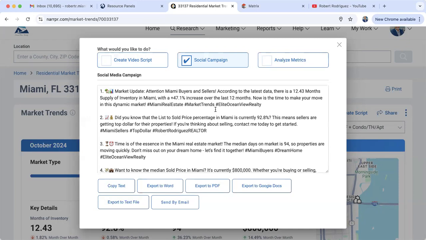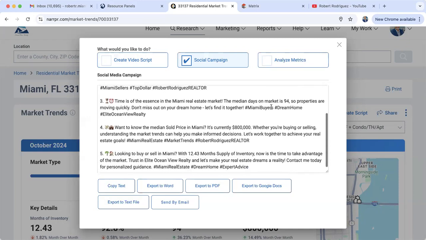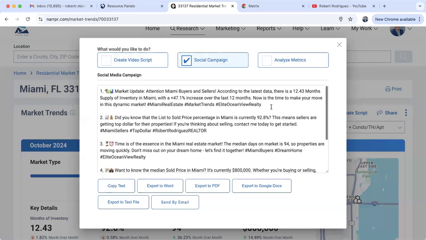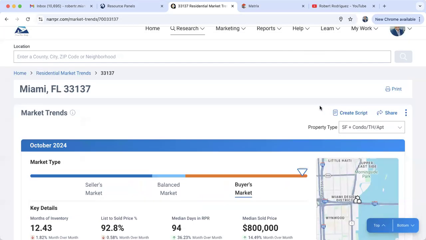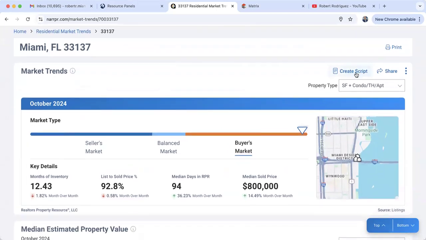And it gives you even the hashtags, hashtag Miami real estate, hashtag Miami market trends, hashtag our office, Elite Ocean View Realty. All kinds of really good ideas for your social media campaigning. And that's going to be done with create scripts.